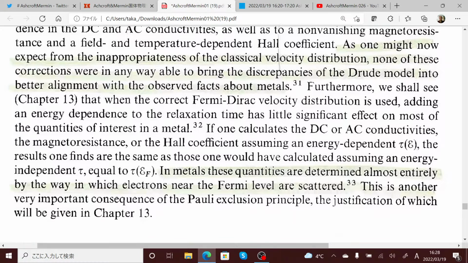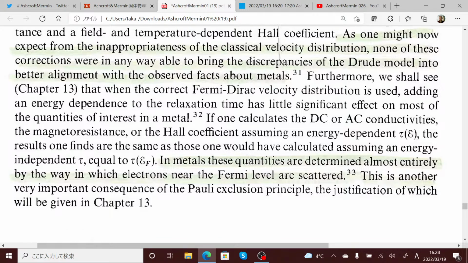Furthermore, we shall see in chapter 13 that when the correct Fermi-Dirac velocity distribution is used, adding an energy dependence to the relaxation time has little significant effect on most of the quantities of interest in a metal.